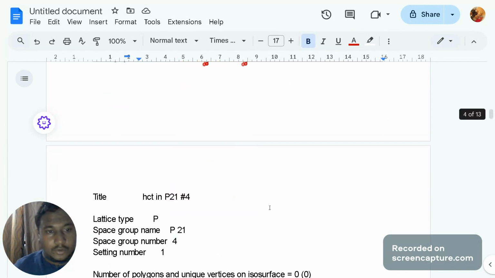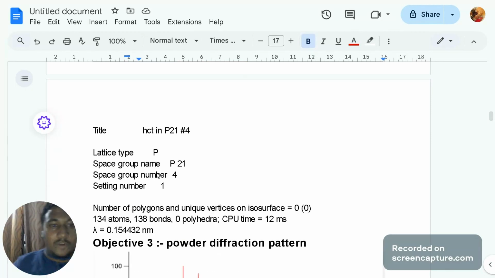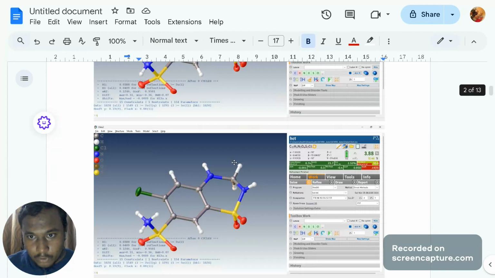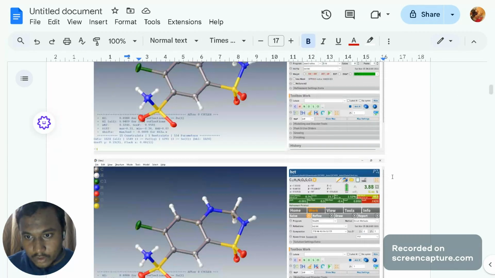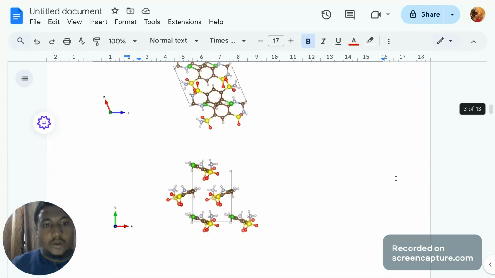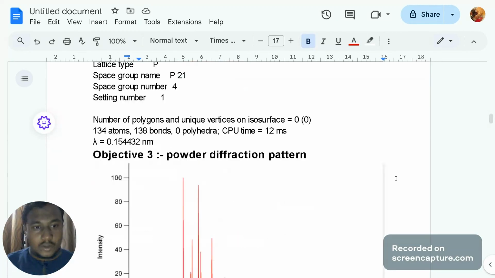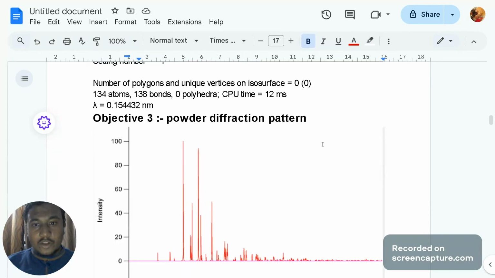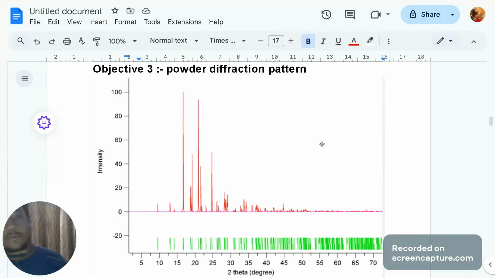The space group obtained was P21, which is shown here also. The point group is 2. The number of polygons and atoms are also shown, so all the outputs I have obtained are mentioned here.